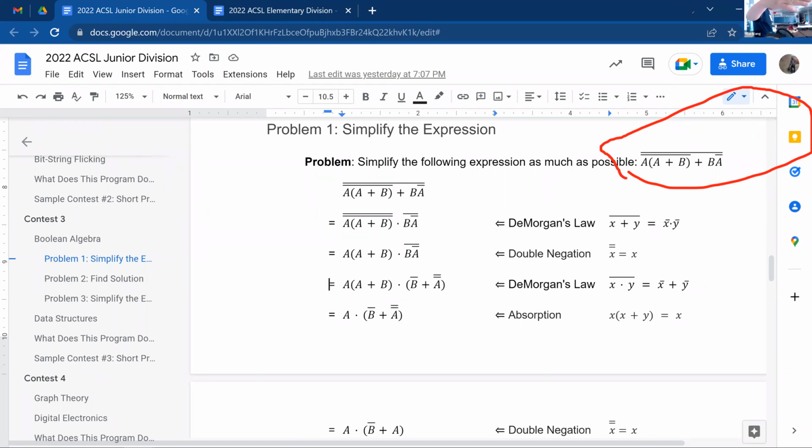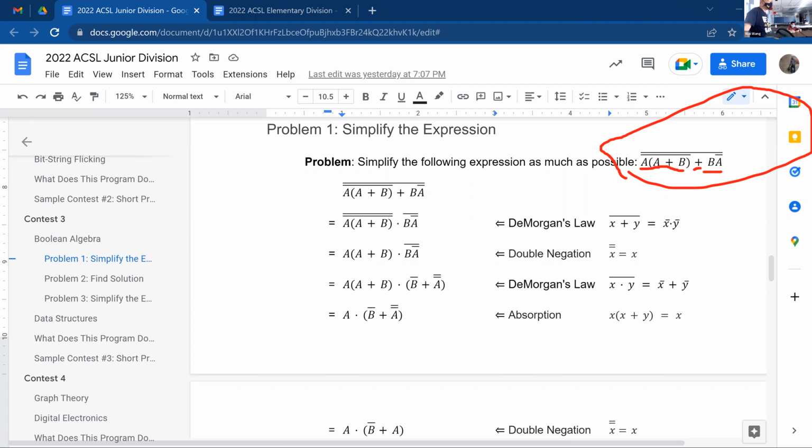Under that not, there's an operator here, and then this is one part, and this is another part, and that's how we can break these things apart.